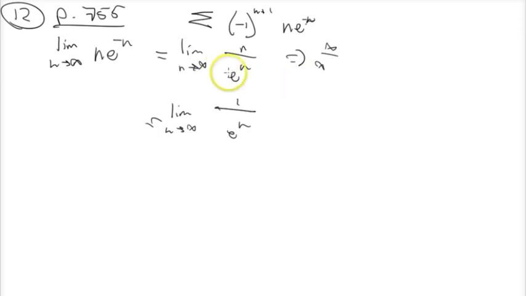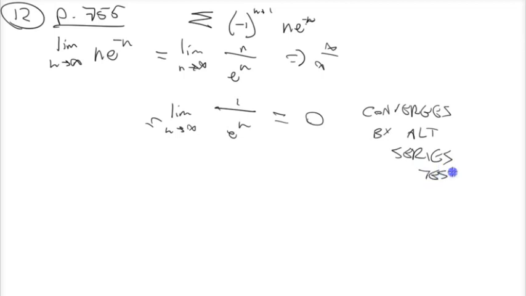So it's 1 over e to the n, and when we put infinity in here, that's going to be 0. And so that means that the series converges, by the alternating series test.